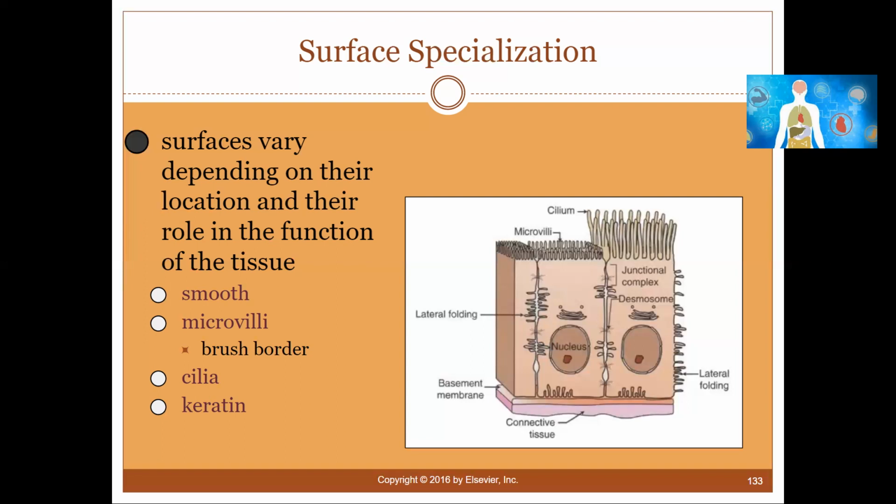So one flat layer. That's definitely not going to give anybody any protection. Simple squamous is for gas exchange, rapid exchange of gases. So we would find that in the alveoli of the lungs, the air sacs of the lung.